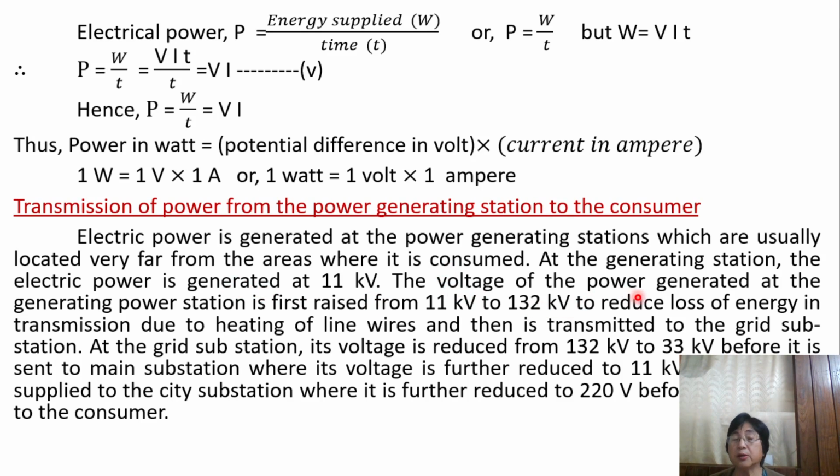That is how it is generated at the generating station. Now, the voltage of the power generated at the generating power station is first raised from 11 kilovolt to 132 kilovolt. So we have what is known as the grid station, and in the grid station, this voltage which is generated at the generating station is first raised. How do they raise it? By using a step up transformer, which you will learn in class 10.